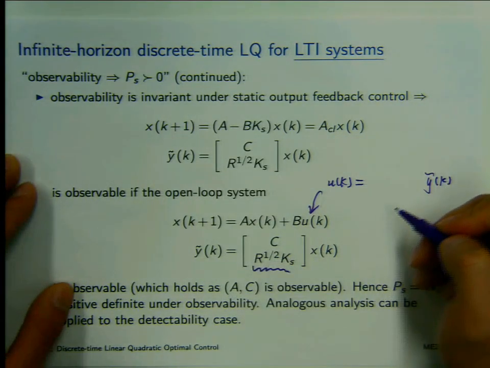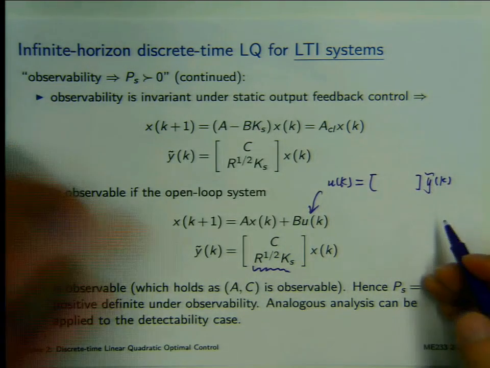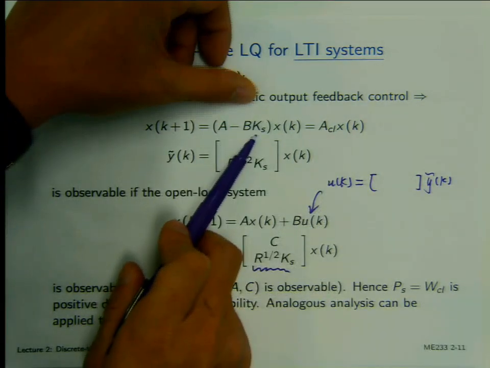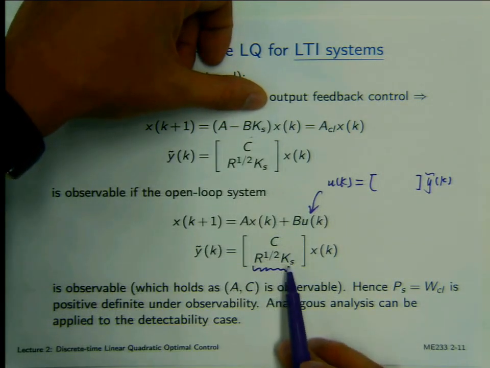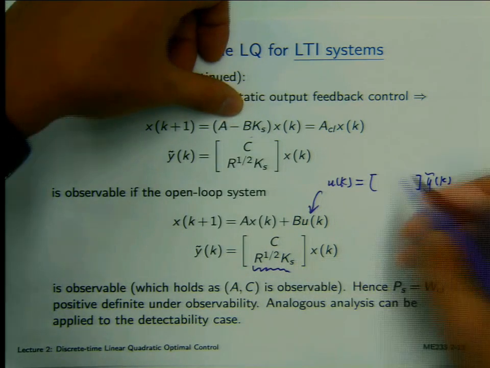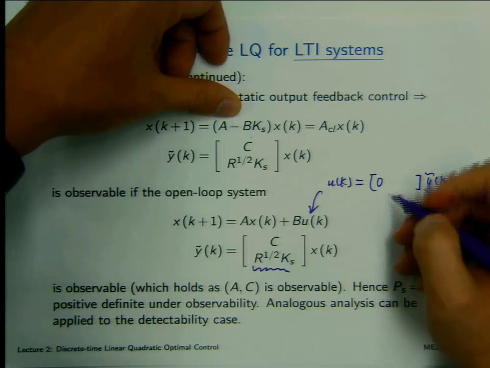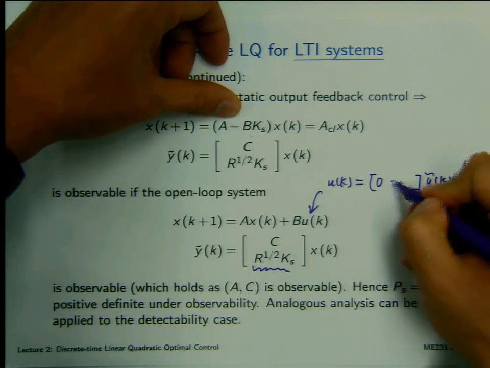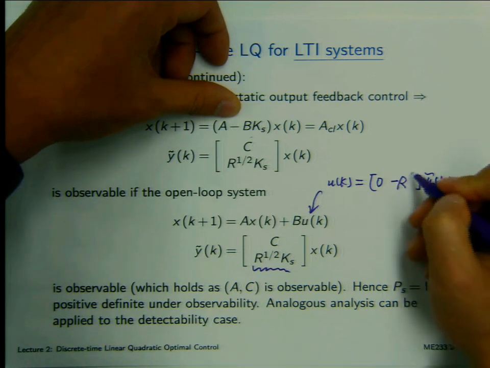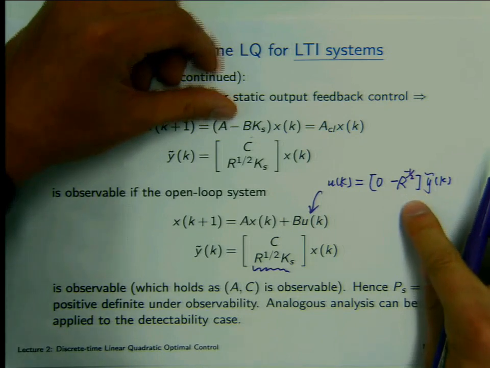So let's see, what will be the feedback gain here? I need some terms that contain K of s to make this happen. And this guy doesn't contain C. So I'm guessing the first one has to be 0, and the second one has to be negative R negative 1 divided by 2. Let's see if that works.